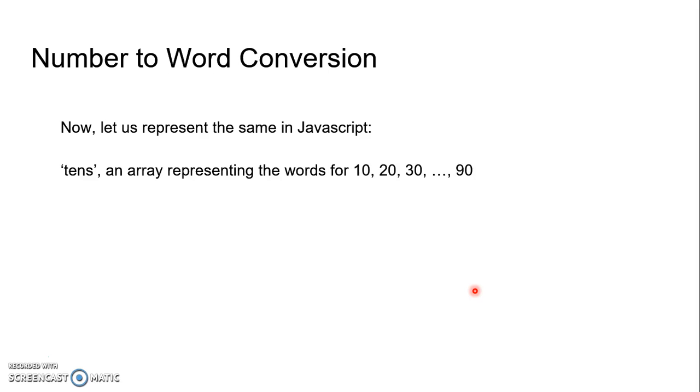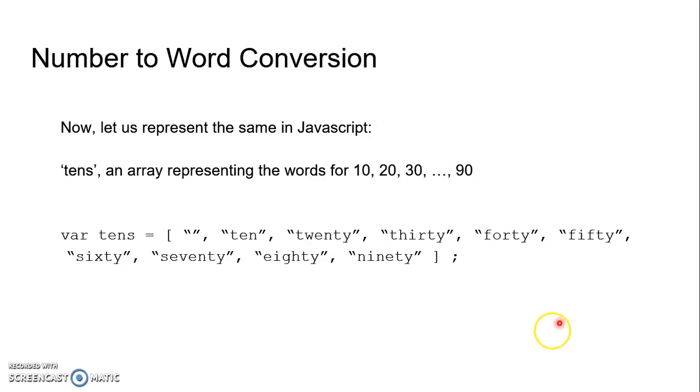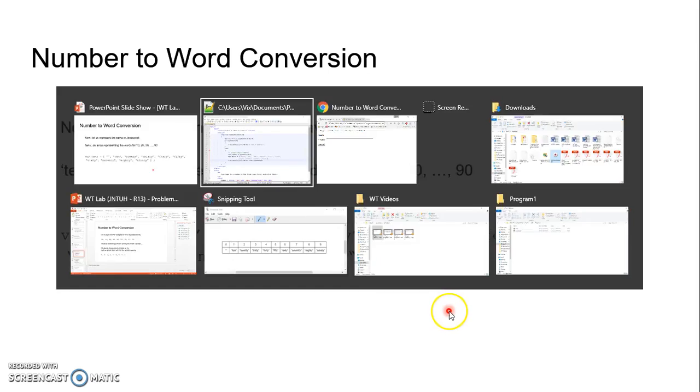Let us give the array name as tens, because all of them are 10 multiples. This is how the array might look. I'm giving tens as the array variable name, and the 0th index position as an empty string, and then 10 for index position 1, 20 for index position 2, 30 for index position 3, and so on up to 90 for index position 9.